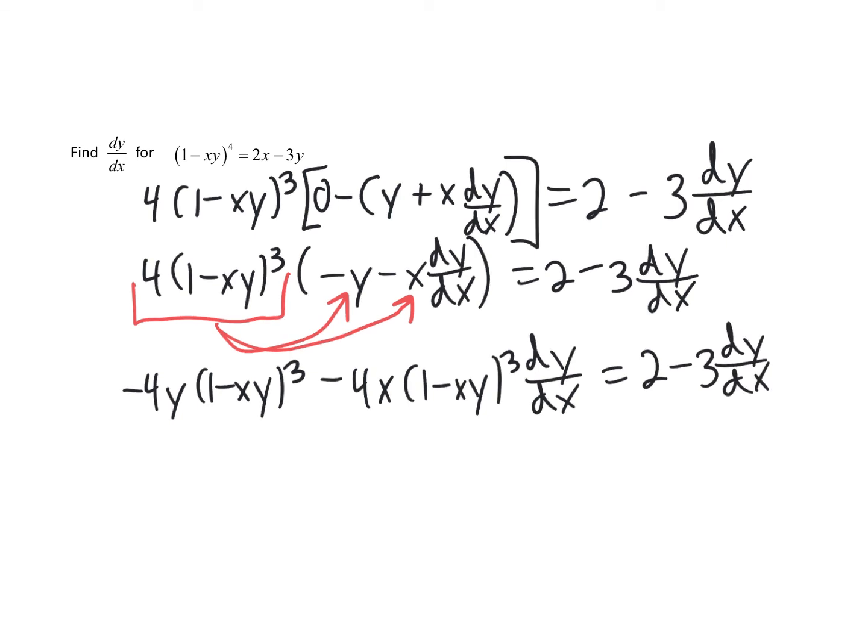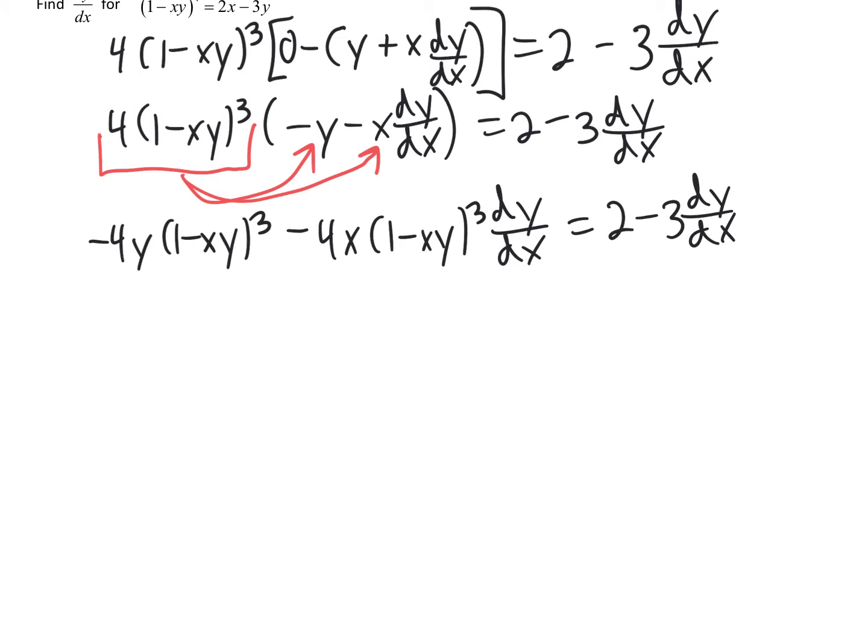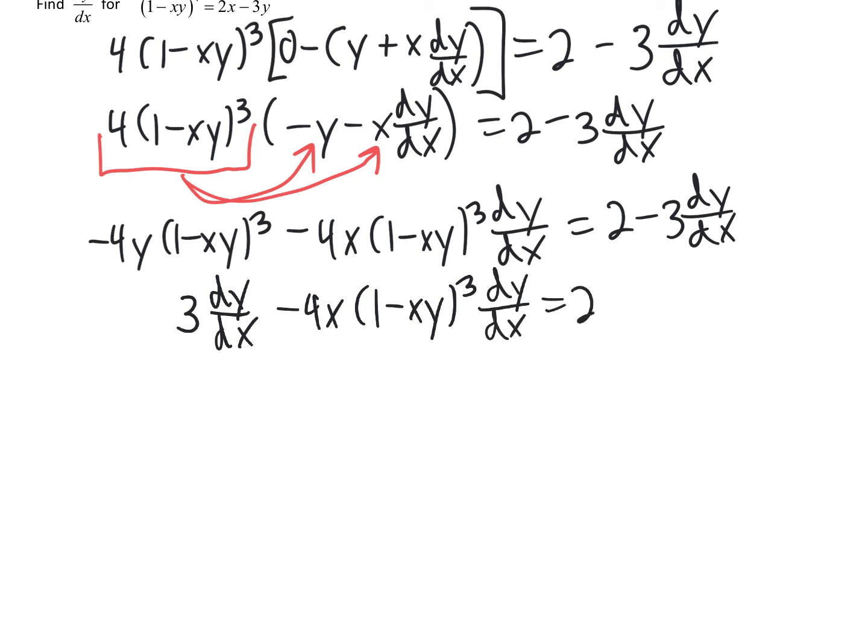Now we need to isolate dy dx. I'm going to move the 3 dy dx over to this way, making it positive. And then we bring the 4y 1 minus xy cubed over to this side, making it positive.